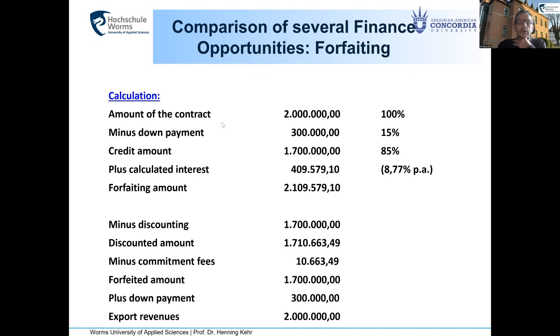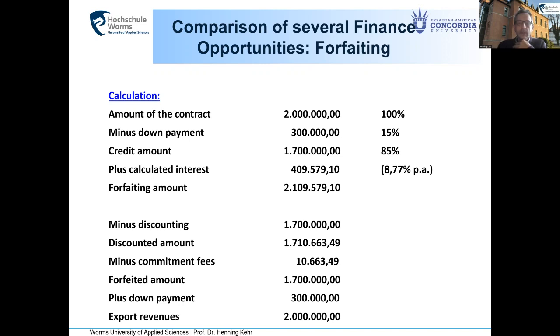So contract amount, first line, 2 million, 100%. Then the importer has to do a down payment of 15%. So the rest to be paid is 85% or 1,700,000.